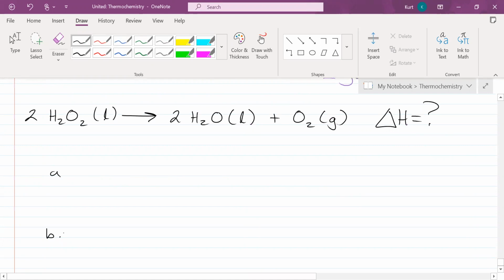For the first equation, we have 2 moles of hydrogen gas reacts with 1 mole of oxygen gas to yield 2 moles of water.